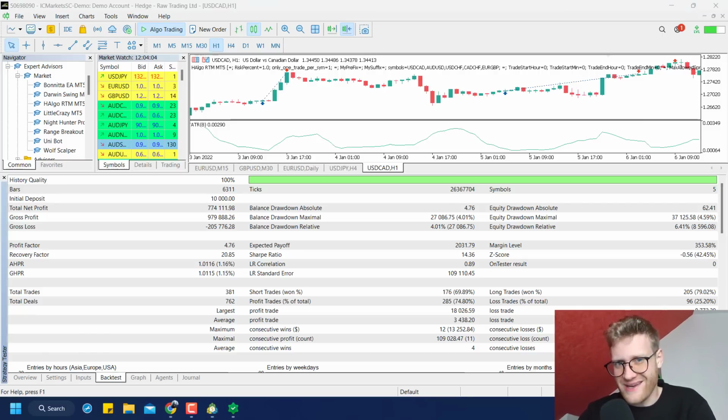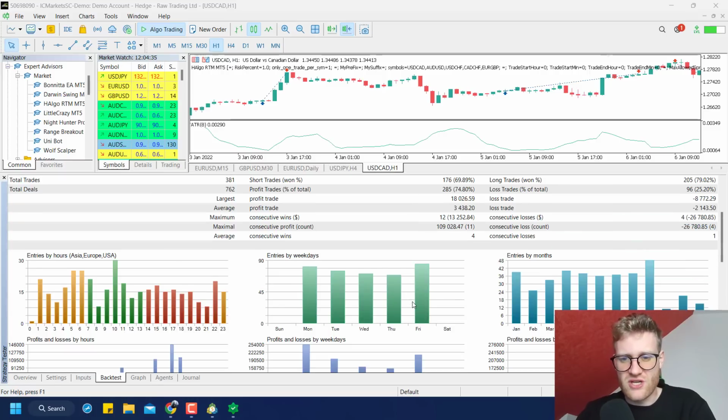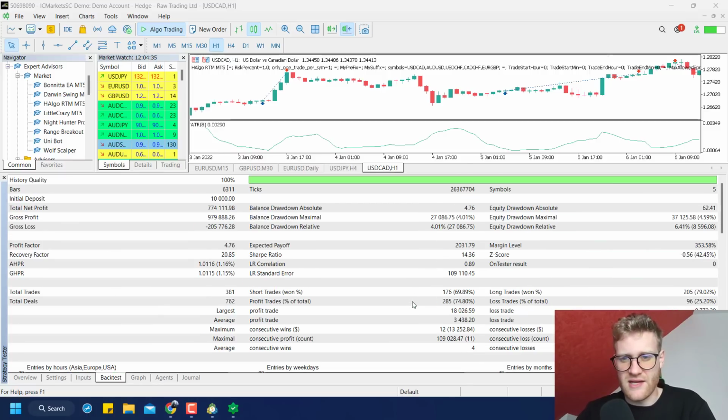And don't get me wrong, you can achieve these hit rates. But if we have a look at the average profit, which is way higher than the average loss, that's when it becomes a little bit weird, because these numbers are really good, and I don't know if this is possible to achieve this in a live account.